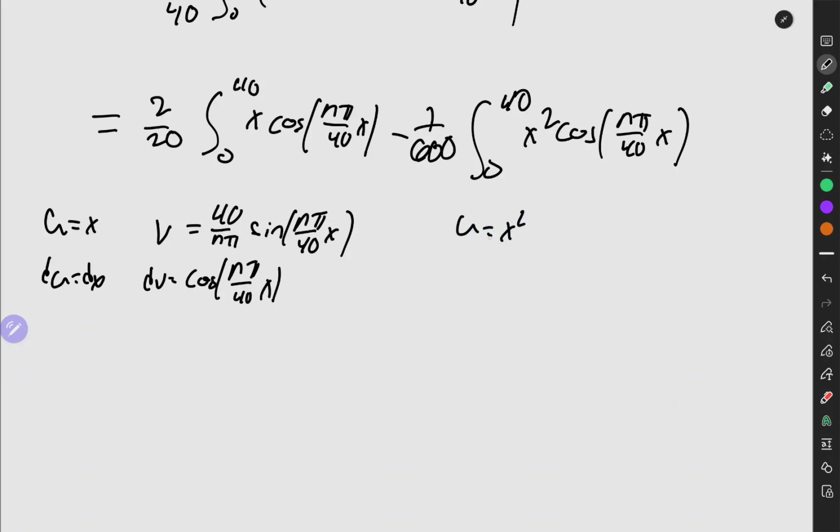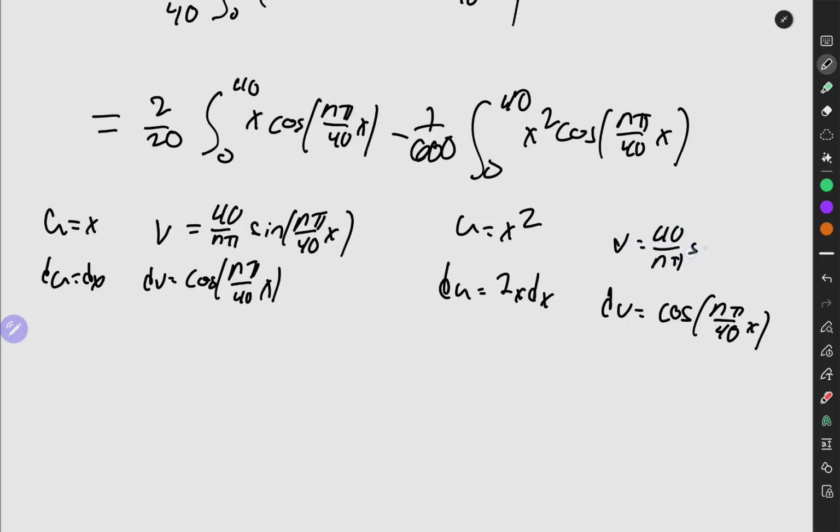For this one, we're going to unfortunately have to do 2 times. That's cosine, sorry. This is going to be the same thing as the other one. 40x, yes. Okay, where was I?